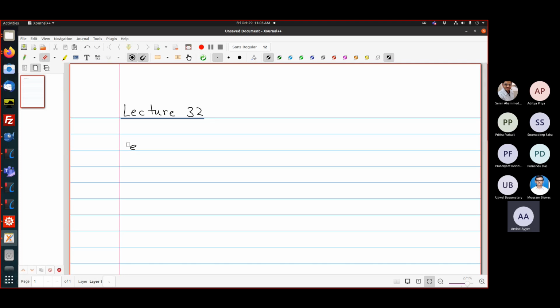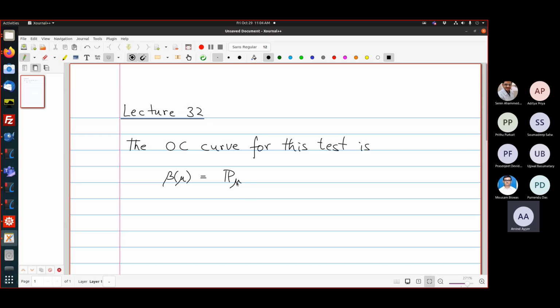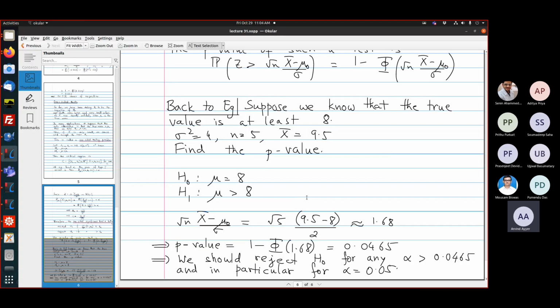Let us calculate the OC curve for this test, which is beta of mu, the probability, when the true mean is mu, which may not be equal to mu naught, of accepting h naught.